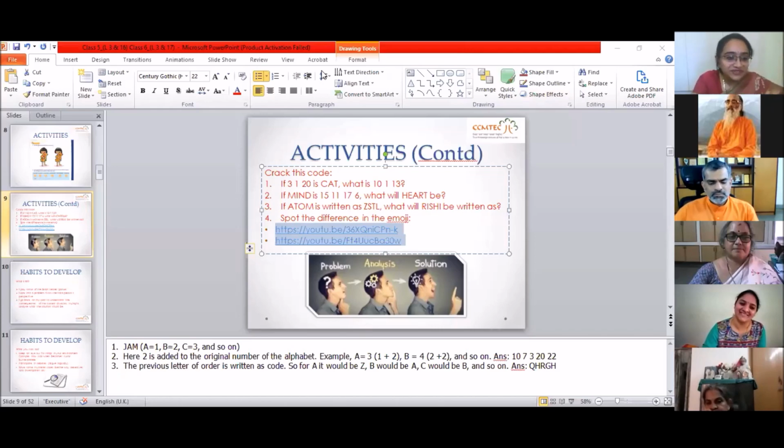QHRGH. Oh, wonderful! Wow, fantastic. So these were some of the permutation combinations through which we can build up on cracking the code.